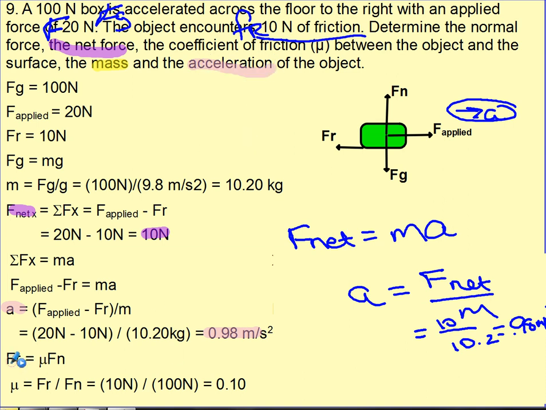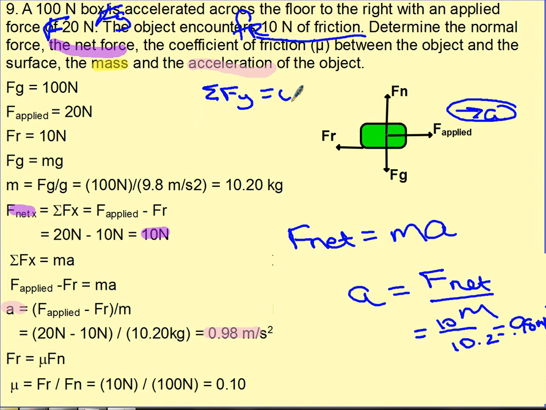Now, I want to find the coefficient of friction. All right, I know the formula for friction. Friction is mu Fn. It's a coefficient of friction times the normal force. In this example, I haven't found it, and I need to find the normal force. So I'm going to come back up here, and I know the sum of my forces in y is 0.